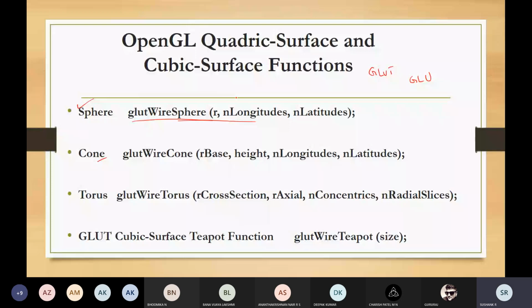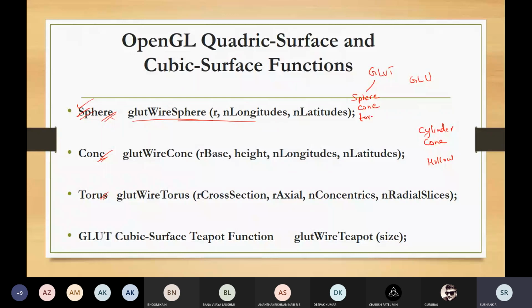you can display a sphere, you can display a cylinder, a cone, a hollow disk, and a circular disk. So by using GLUT you can display sphere, cone, torus, teapot.